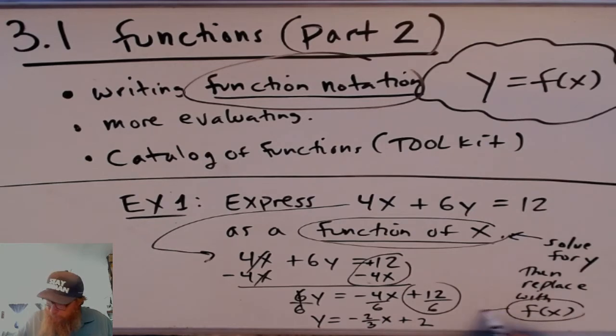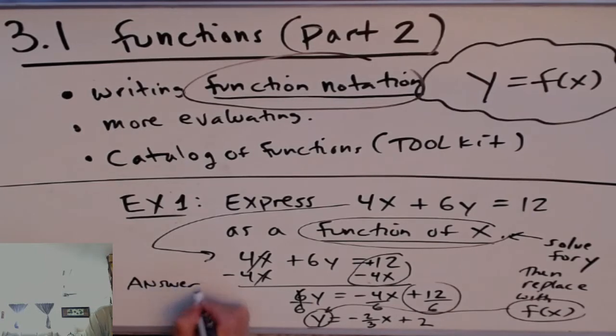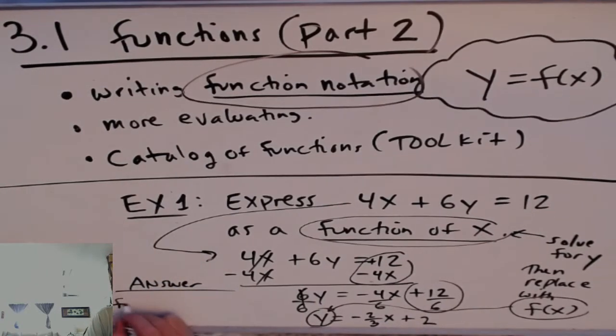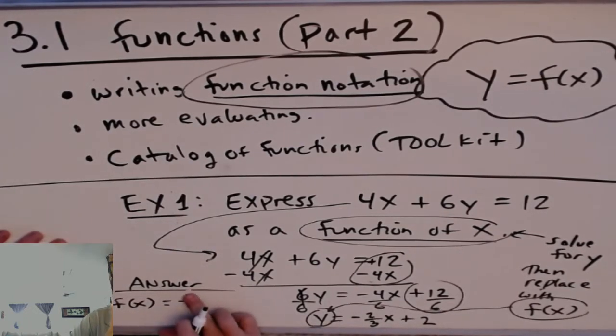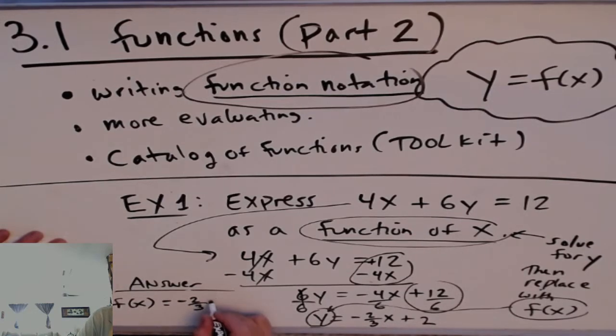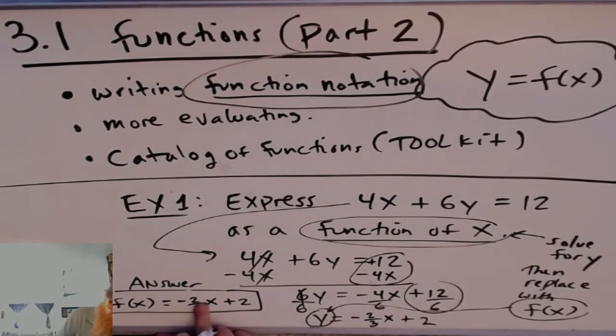Then we're going to replace the y with f of x. And so the answer, f of x, that's our y, is negative 2/3 x plus 2. That's kind of hard to see.